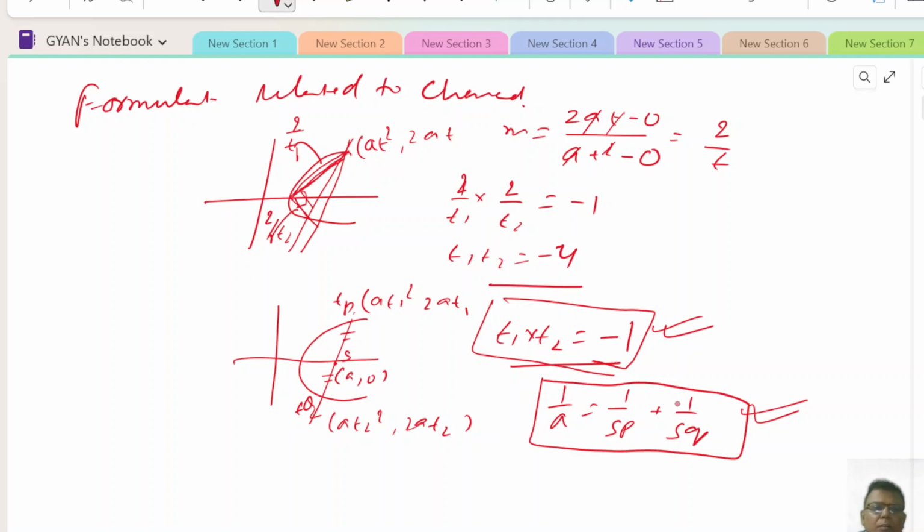Length of the focal chord, how will you know? So this is the directrix. So you have here A plus A T1 square and A plus A T2 square, and the chord is passing through the focus. So T1 and T2 is minus 1, that means T2 is equal to minus 1 by T1.